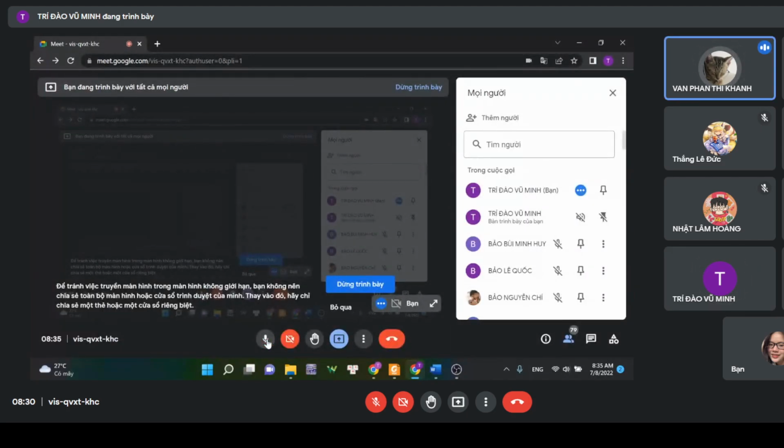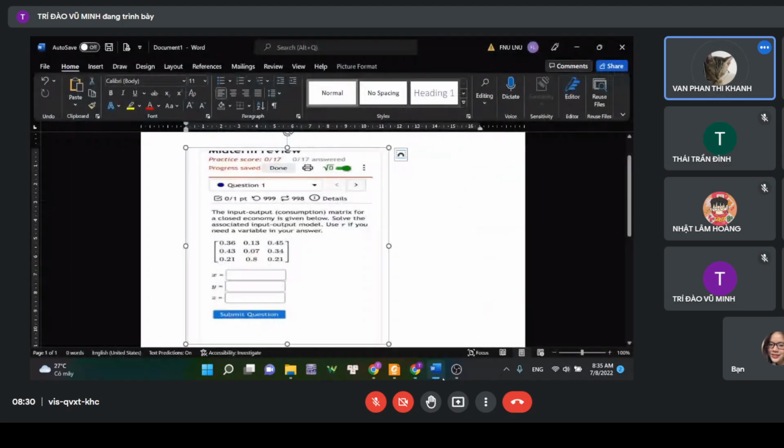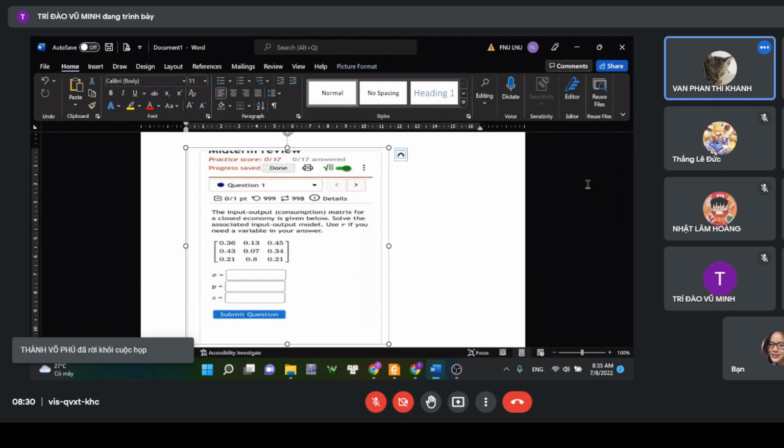So can you show it again because I can't see it. The input output consumption matrix for a closed economy is given below. Show the associated input output model.